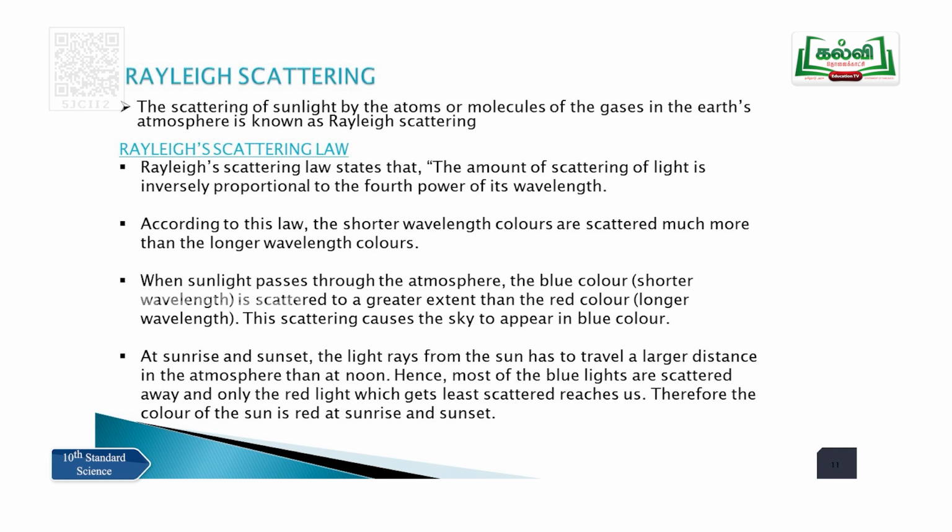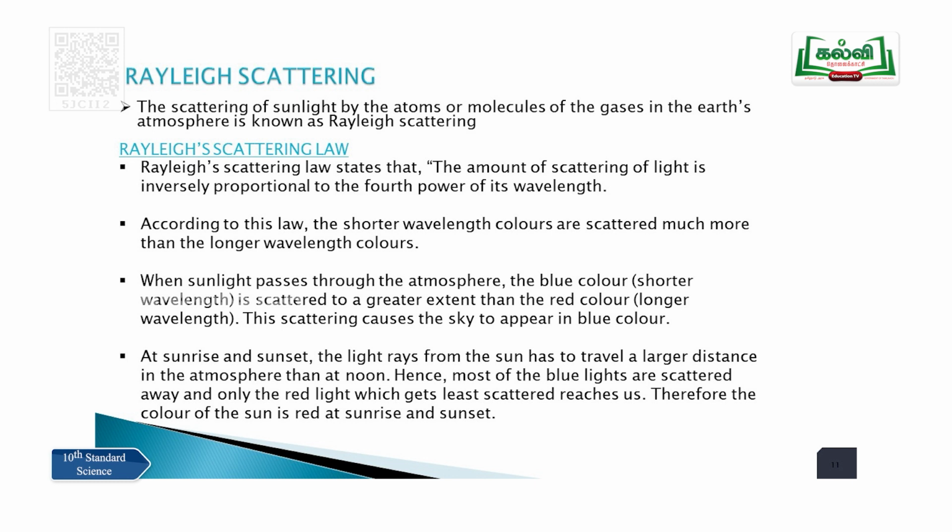When light rays from the sun have to travel a larger distance in the atmosphere than at noon. At noon the sun is at a very short distance, we feel the heat, and the intensity of light is also more. Whereas during sunset and sunrise, the distance between the sun and us is larger compared to noon.